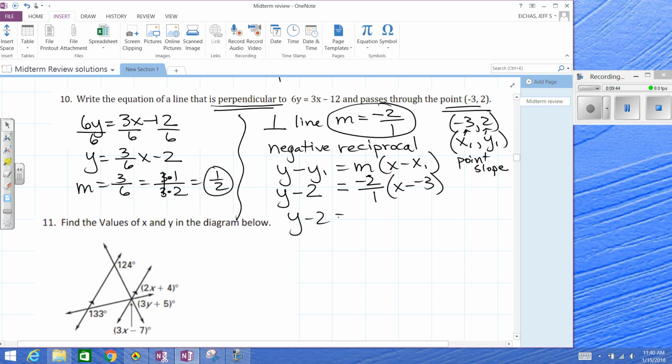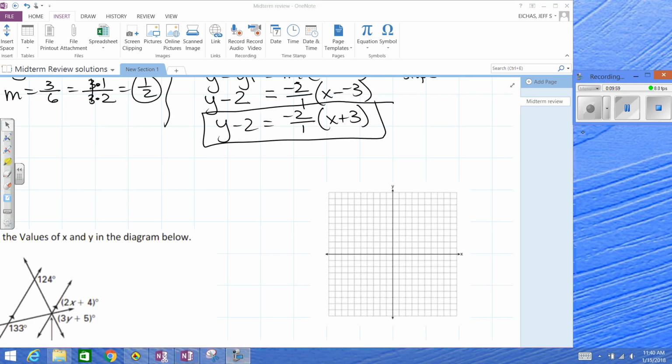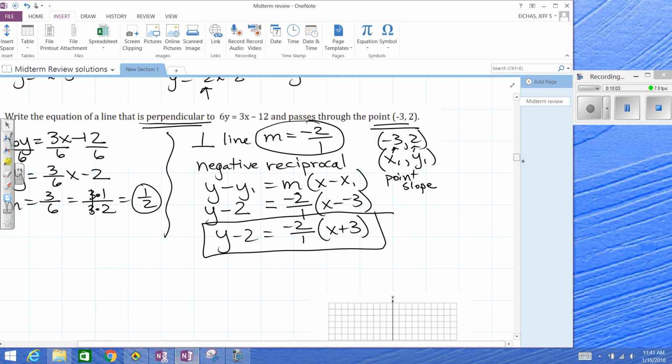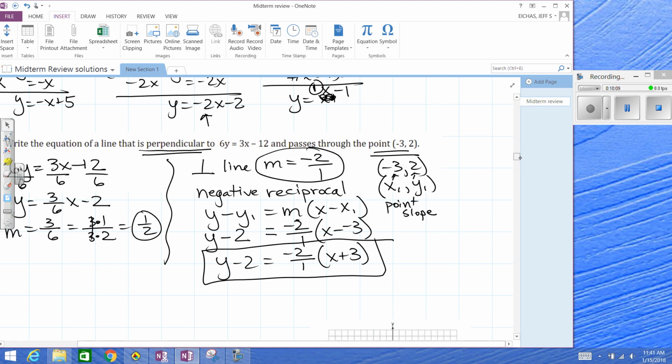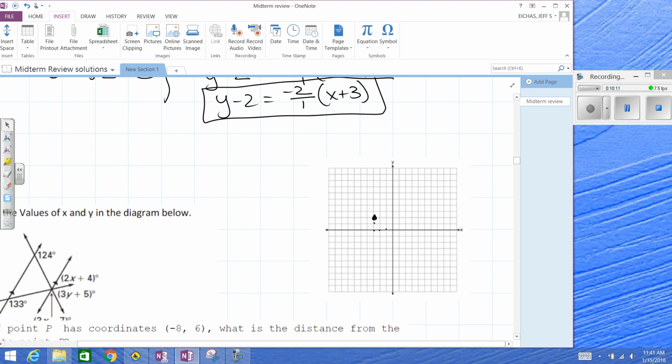Now, believe it or not, you can actually leave your answer this way. And in some cases, that's how they're going to express it. If they don't, you can distribute, you can go to the graph, things like that. All right. So what do I mean by that? Okay, so what I could do is plot the point -3, 2, and then apply the slope of -2 over 1.